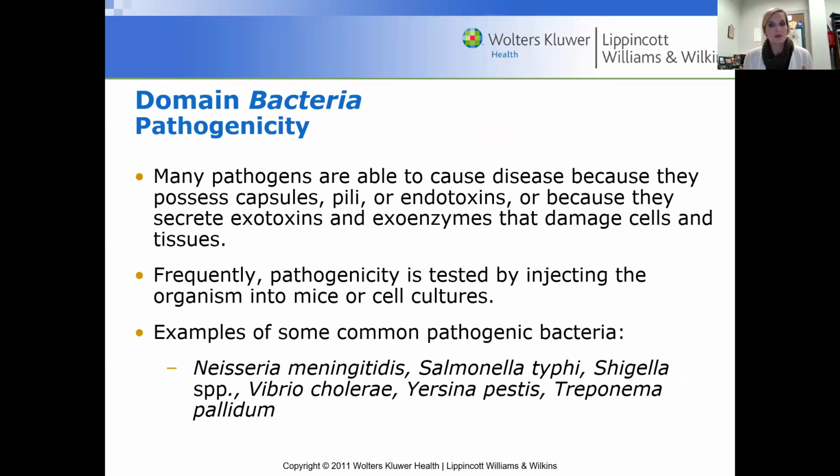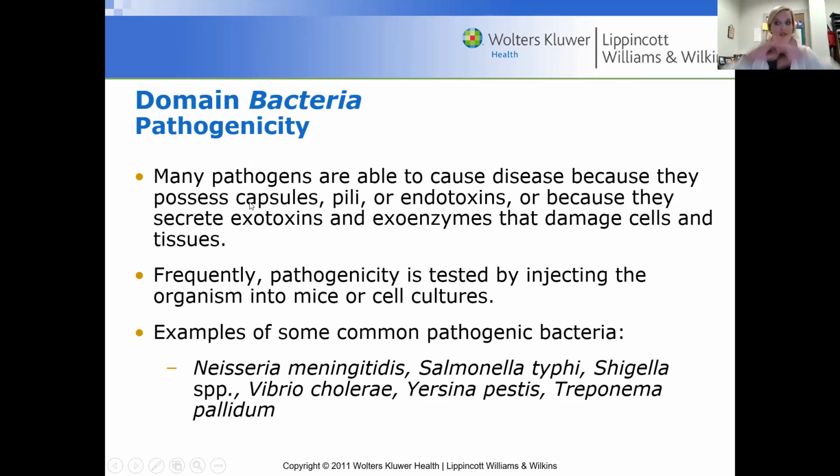Bacteria are also going to be identified based on its pathogenicity, meaning its ability to cause infection. Remember the term pathogen is an infectious organism. So many pathogens are able to cause disease because they possess a couple different things. One, some bacteria contain capsules.